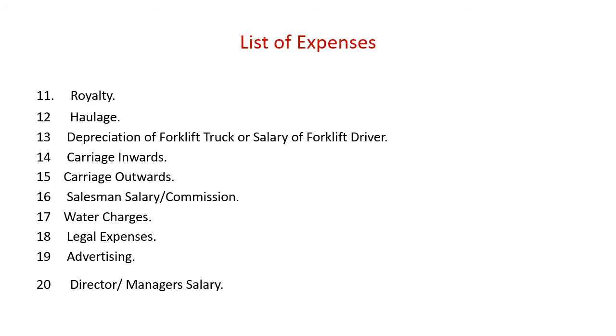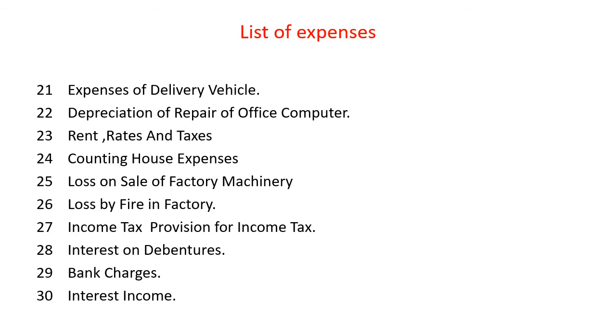Next, director or manager salary, it is administration overhead. Expenses of delivery vehicle, it is for delivery of finished goods, so it is related to selling and distribution. Next, depreciation and repair of office computer. It's office related expenses, so it is administrative overhead.